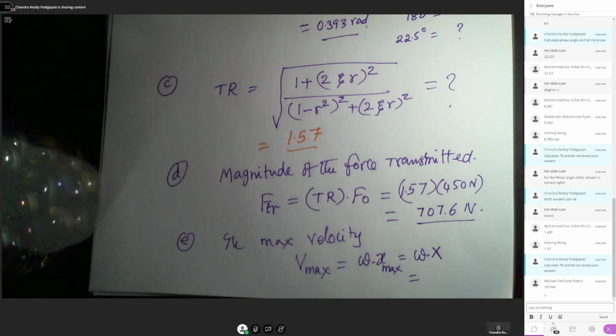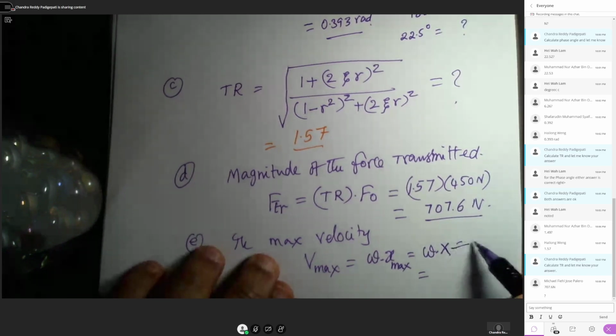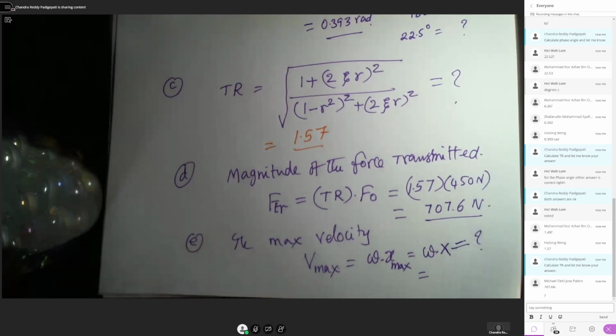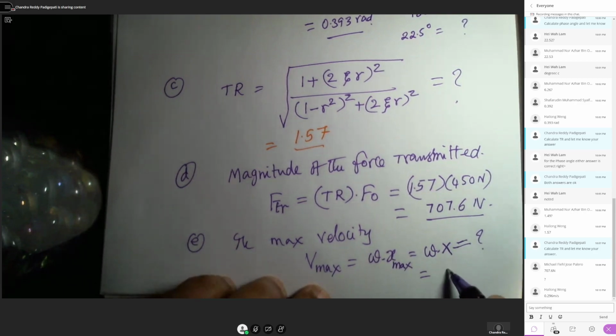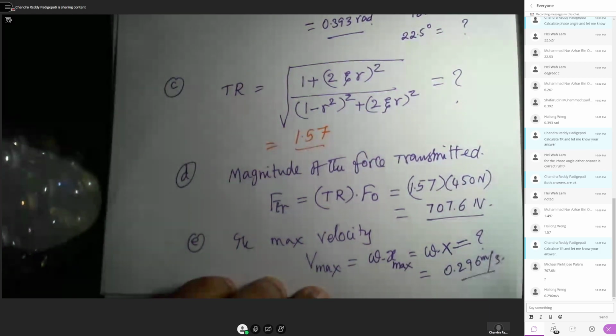So calculate the maximum velocity. 0.296 meter per second. That's all right. So you get about 0.29 meter per second.